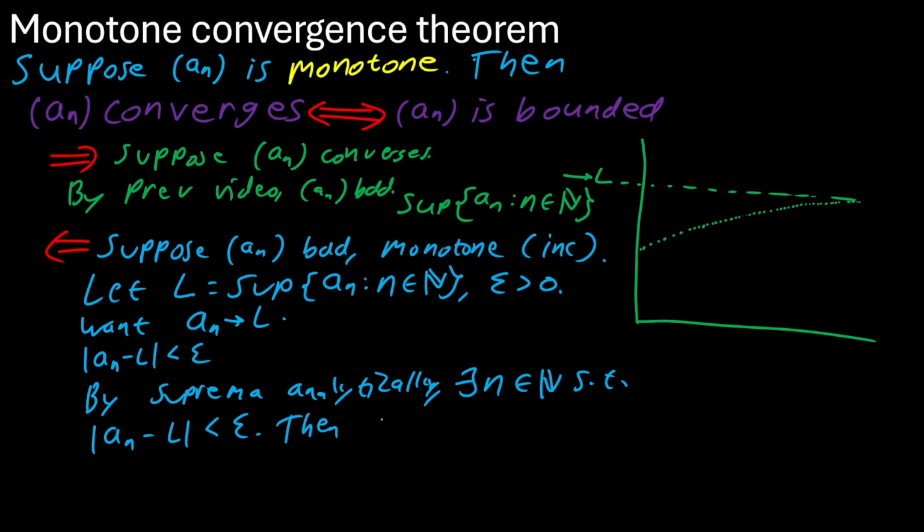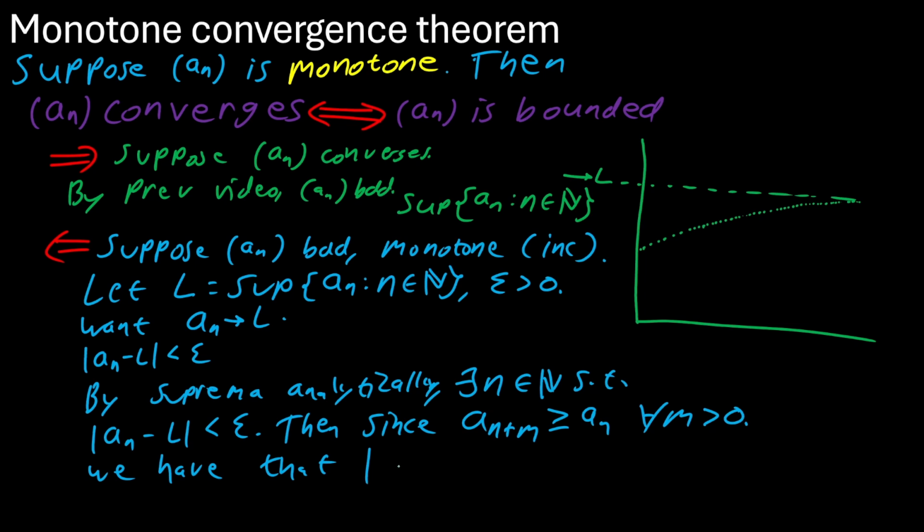Then, since a_{N+M} is greater than or equal to a_N for all M greater than 0, we have that the distance between a_n, or maybe I should call this capital N, yeah.